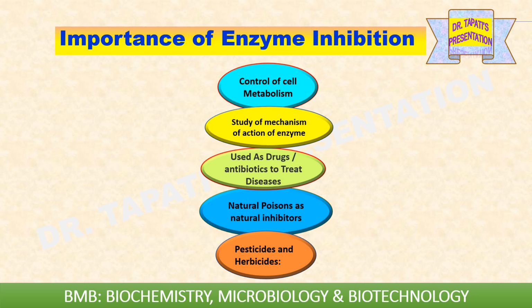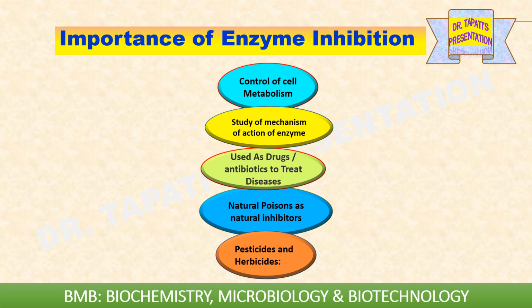Acetylcholine esterase is a crucial enzyme of animals for nerve cell functioning. Carbamate pesticides are reversible acetylcholine esterase inhibitors, and malathion, parathion, chlorpyrifos and others are organophosphate pesticides.